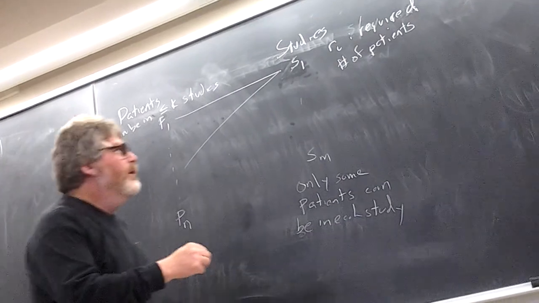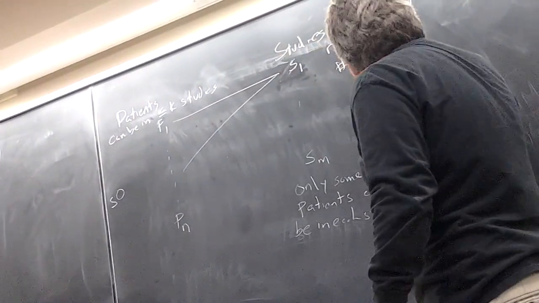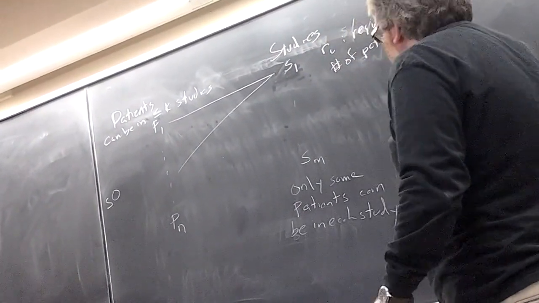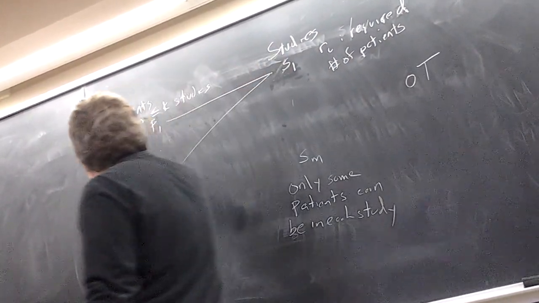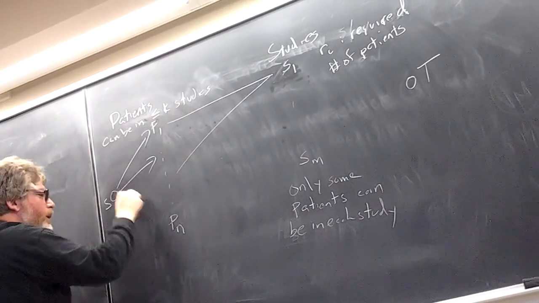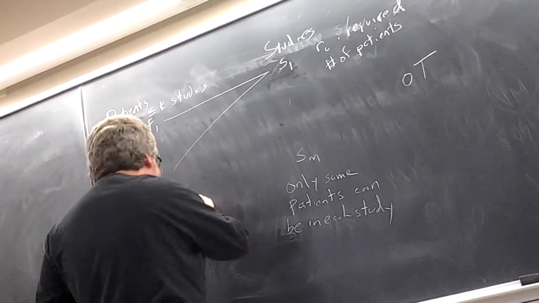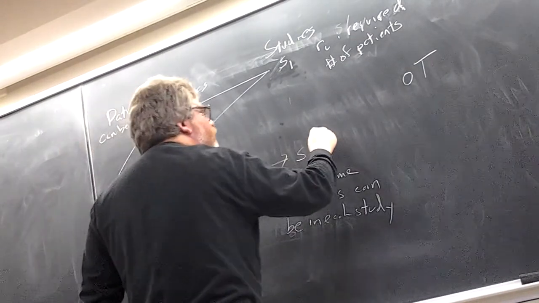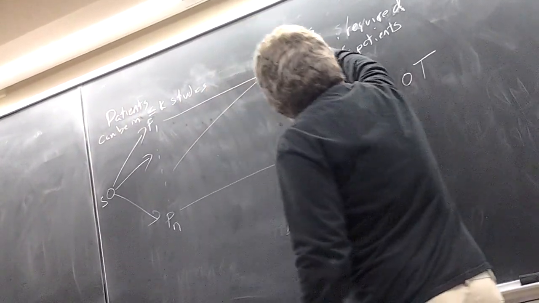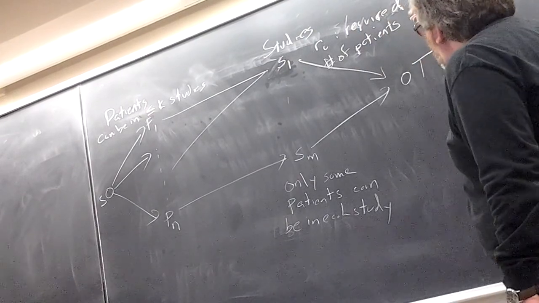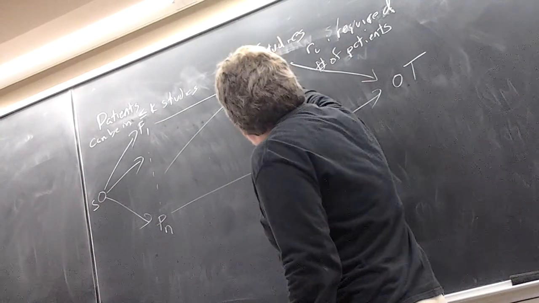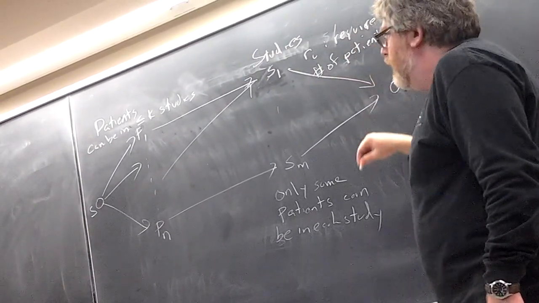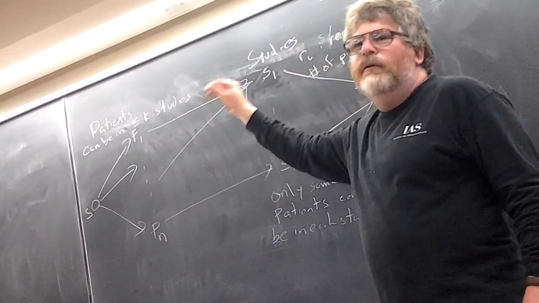So let's see, in matching we added a source node, and we added a sink node, and then from the source we put an edge to every node on the left, and every node on the right we put an edge to the sink, and then we directed all the edges in the middle from left to right.